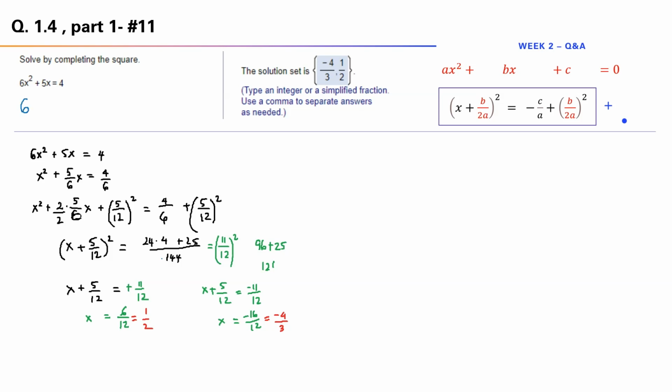Or we can rewrite it to use the formula, right? How we have that, we subtract both sides by 4. So subtract 4 here, subtract 4 here. On the right hand side is 0, on the left hand side, left as it is.